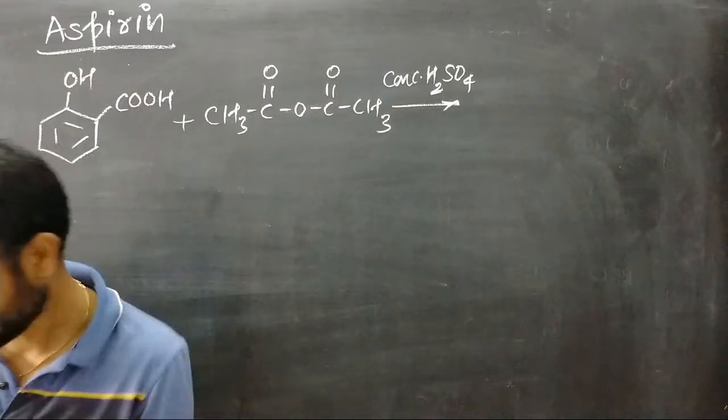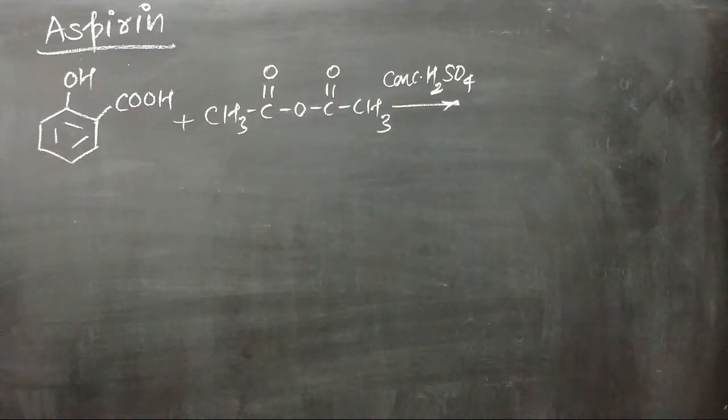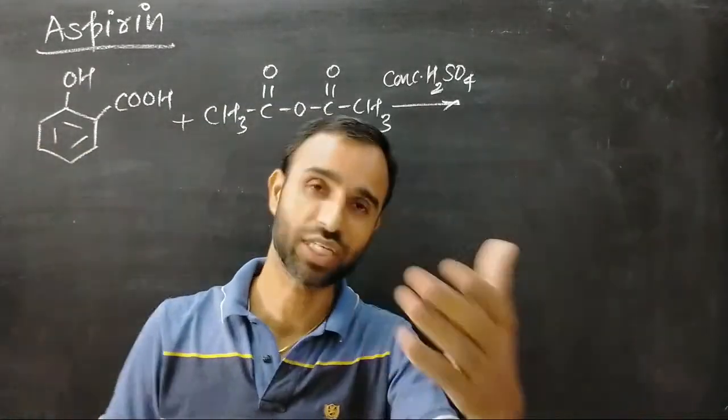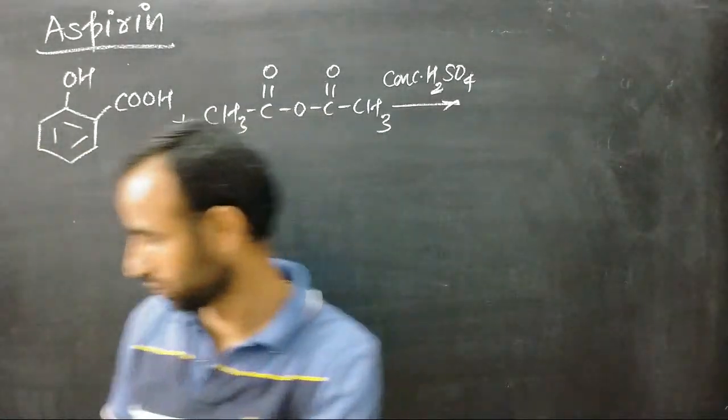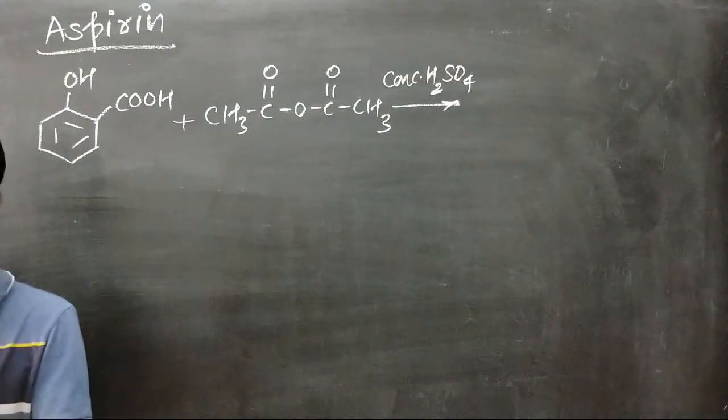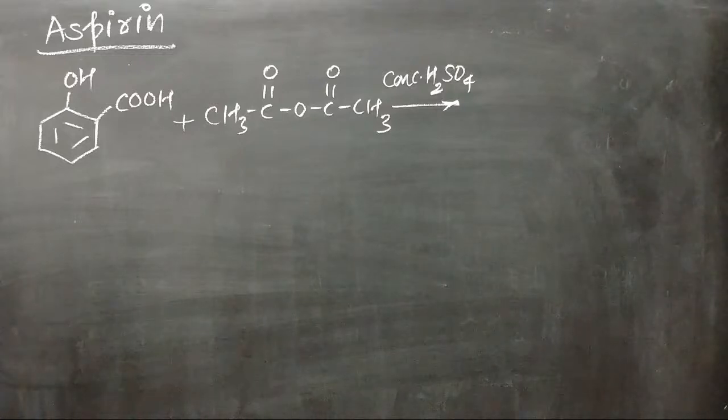Acetylation reaction. Okay. Any other? That's okay, but general. What is the general type of reaction? It is acetylation. You know, you are right. But in general, what is the type of reaction?